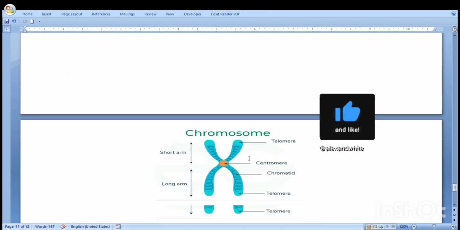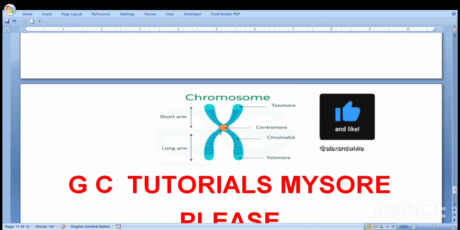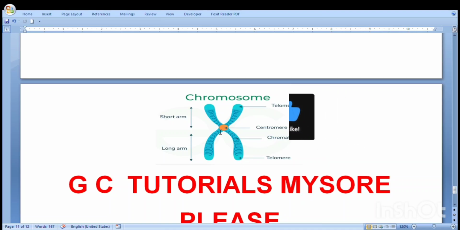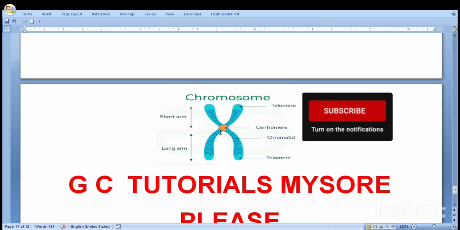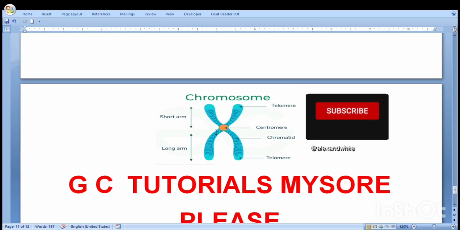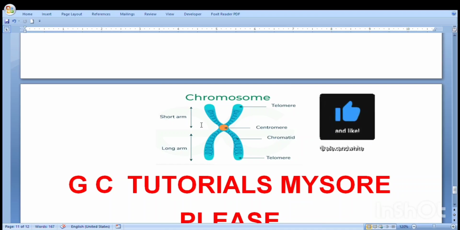Got it? Next, come to the structure of the chromosome. The structure of the chromosomes is as follows. A chromosome is a long thread-like structure. It looks like a thread. Got it?